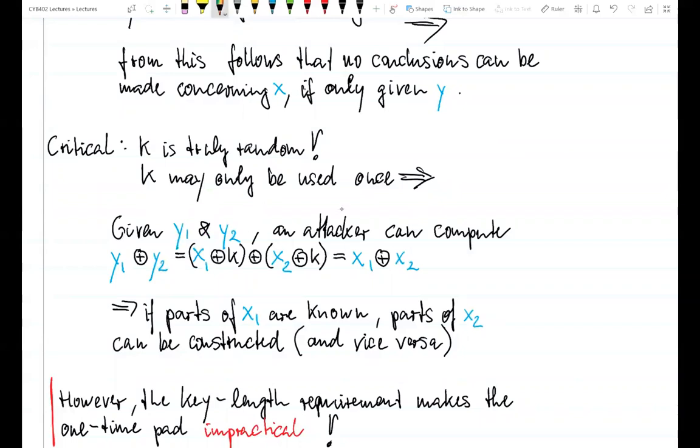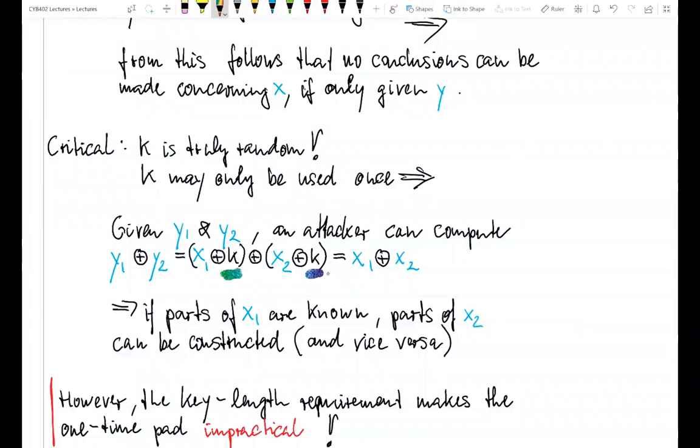So an attacker can actually do the following computation. The attacker can do Y1 XOR Y2, the two ciphertexts. And what does that mean? It means that basically the key cancels out.